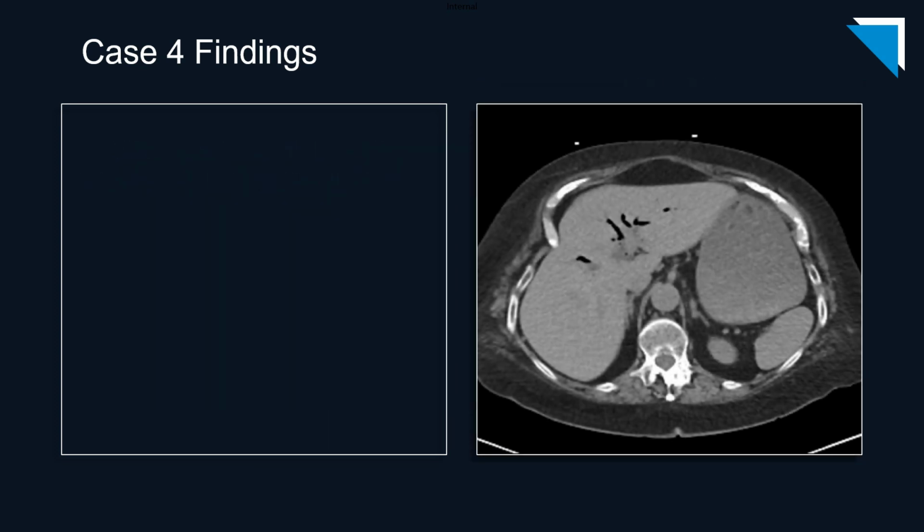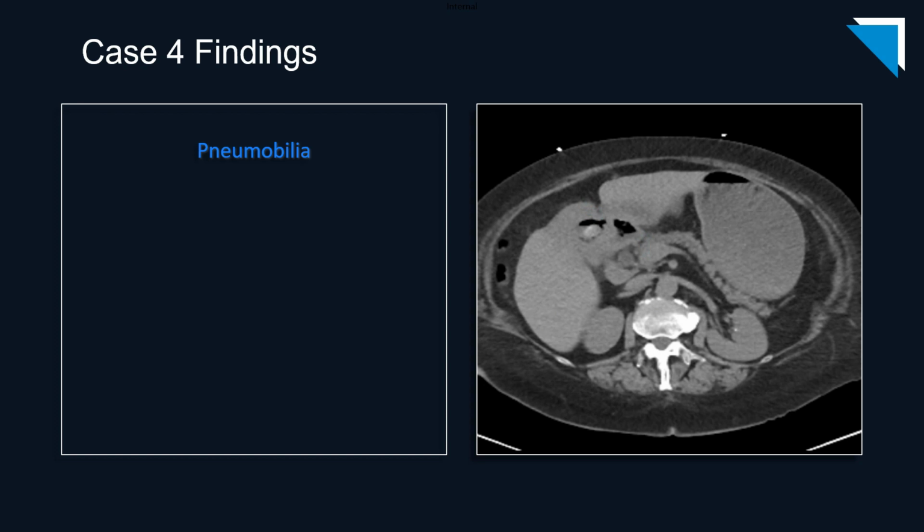Let's discuss the findings, beginning with this axial slice at the level of the upper abdomen, which demonstrates pneumobilia. A bit more inferiorly, we can see evidence of the patient's known chronic cholecystitis.